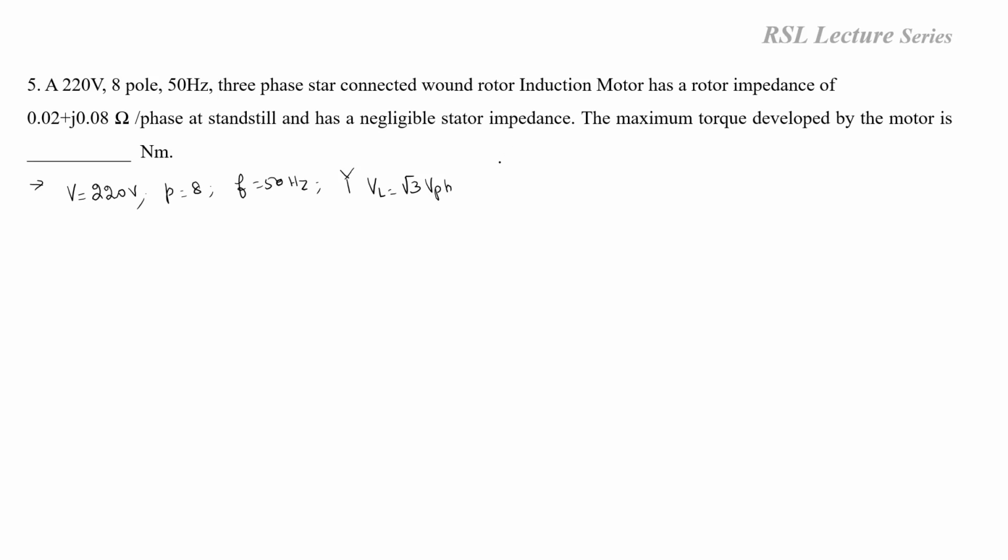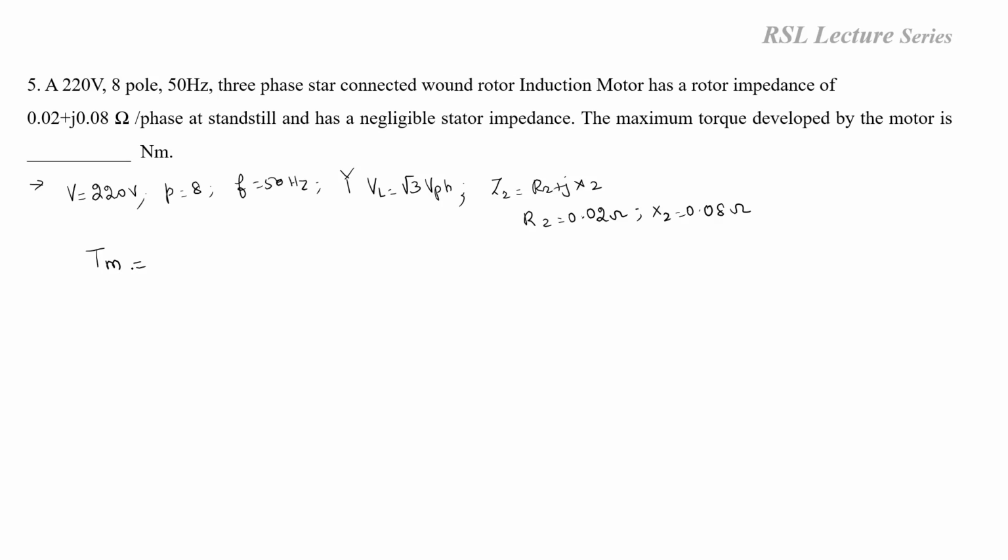The motor has a rotor impedance per phase, it's a per phase value. Under standstill condition, the impedance can be written as R2 plus jX2, so R2 is 0.02 ohms and X2 is 0.08 ohms. Now we have to find out the maximum torque developed by the motor.